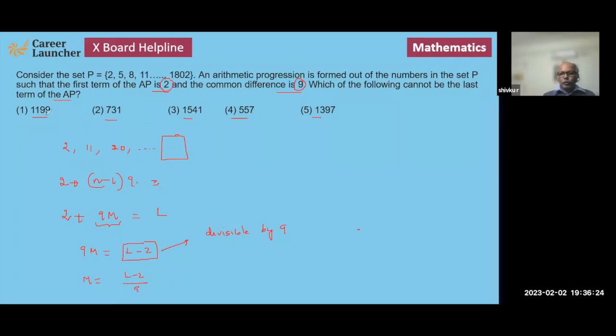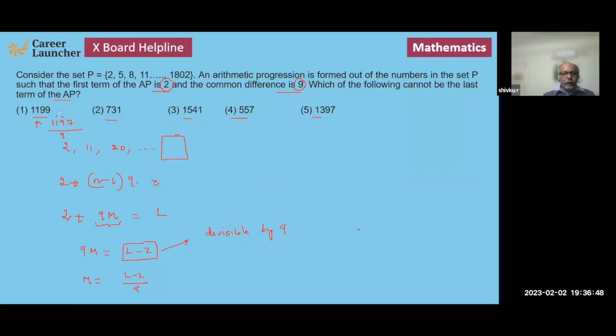Now let's go to the choices. And this is the beautiful thing about multiple choice. Multiple choice always gives you the advantage of having numbers here that will help you. So 1199. Can this be the one? So this is 1199 minus 2, that is 1197, divided by 9.